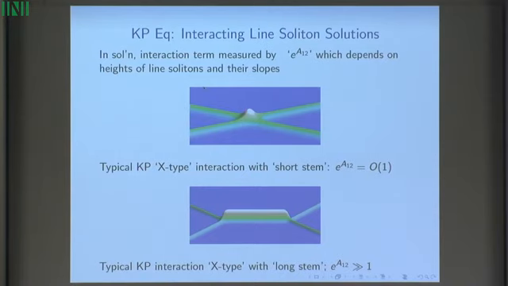And there's a parameter in these solutions, e to the a12. And there are 4 cases. E to the a12 order 1, large, small, 0. So this is order 1, and this is large. So the stem expands. The guy in the middle is bigger than the sides.